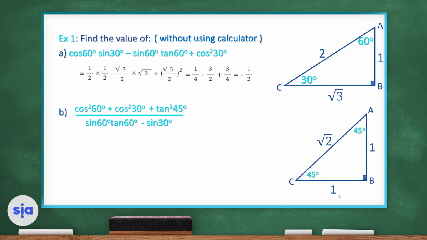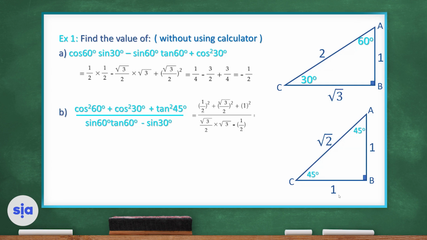Let's move on to question 2. Cosine squared 60, you will see that cosine 60 is 1 over 2, all squared, plus cosine squared 30, which is square root of 3 over 2 all squared, plus tan squared 45, which is 1 squared, over sine 60, which is root 3 over 2, times sine 60, which is root 3 over 2, minus sine 30, which is half.